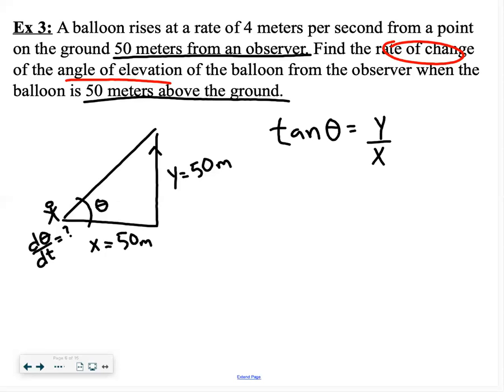We have a y, we have an x. What we don't have right now is a theta. You can work backwards to get this theta right here. If you remember from pre-calc or algebra 2, to work backwards to get that angle, you would say tangent inverse of y over x, so 50 over 50, basically tangent inverse of 1.